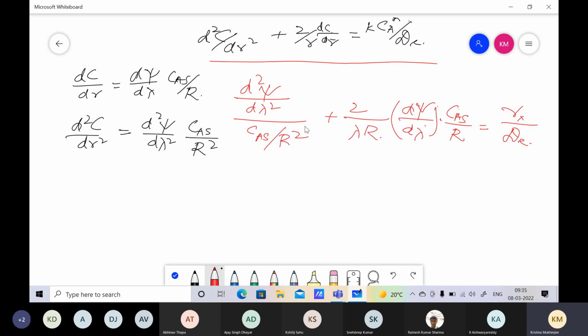So let us multiply all these equations by Cas by r square. So we get back to this form. We get this back version d phi.